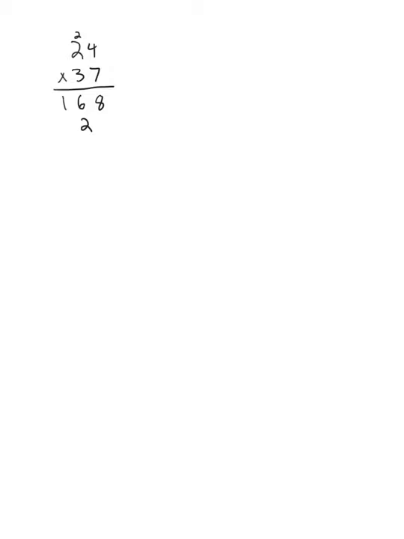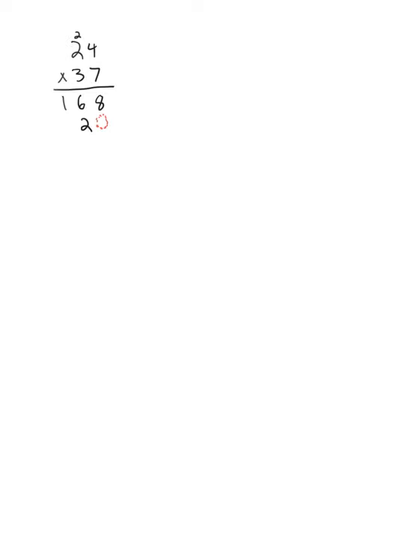So we need to put a 0, or some people leave it blank. But since we're starting at the tens place here, we're going to put a 0 here saying that this is the tens place we're starting. So we have 4 times 3 is 12. Put down your 2, carry your 1. Oh, wrong color.